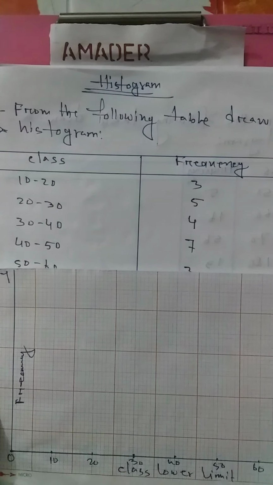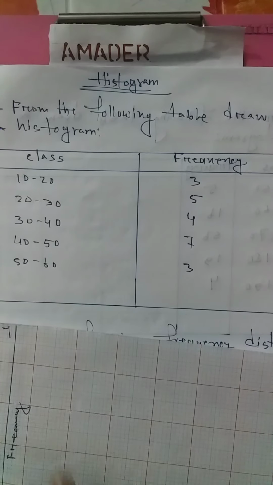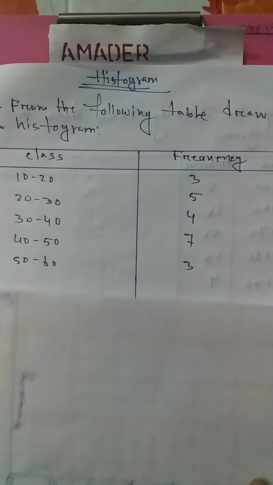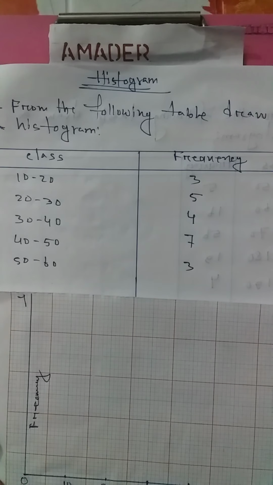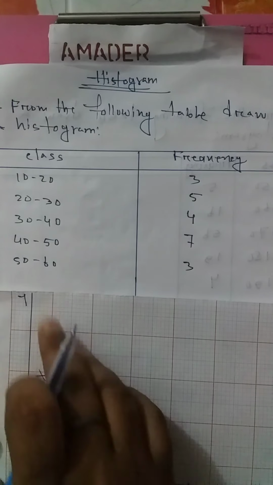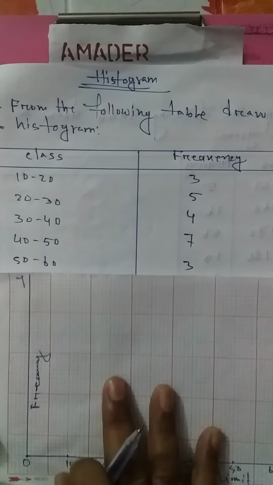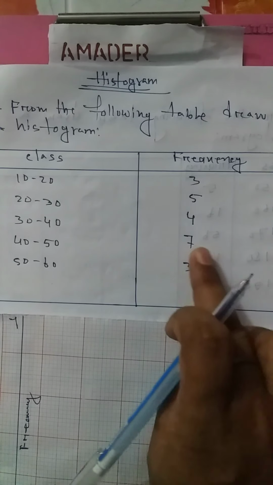At first, on the x-axis put the lower limits. The vertical axis indicates class frequency. The class frequency lowest value is 3 and the highest value is 7.